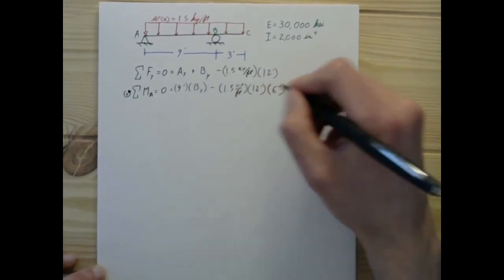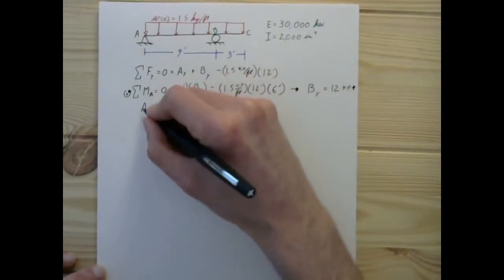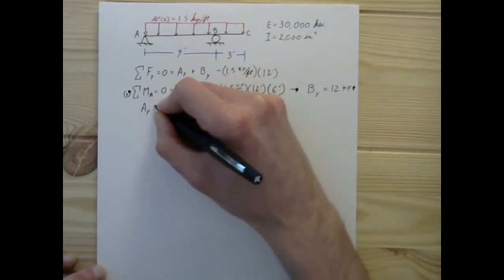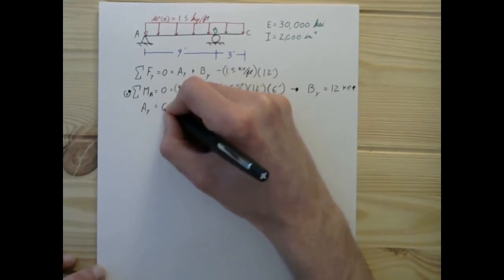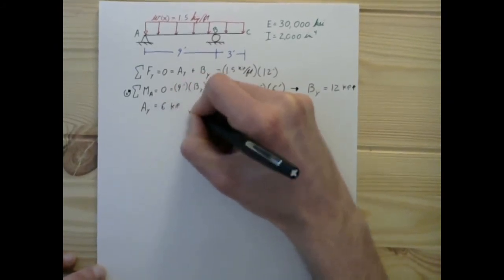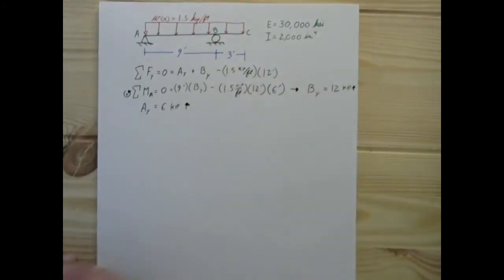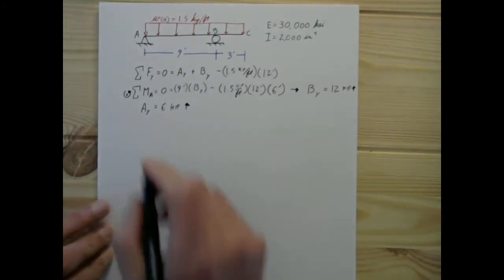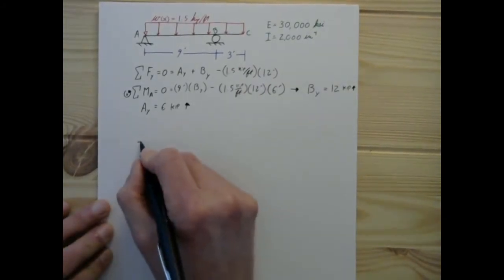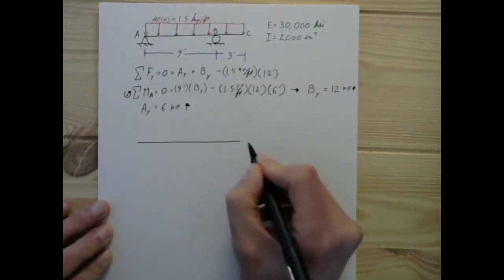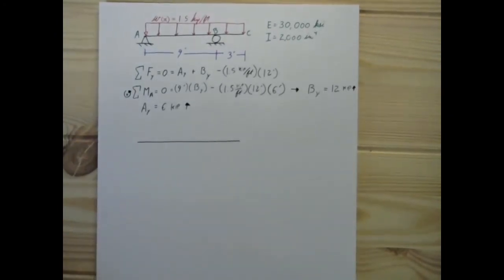We can find that the reaction at A in the y direction is going to be 6 kips, also up.